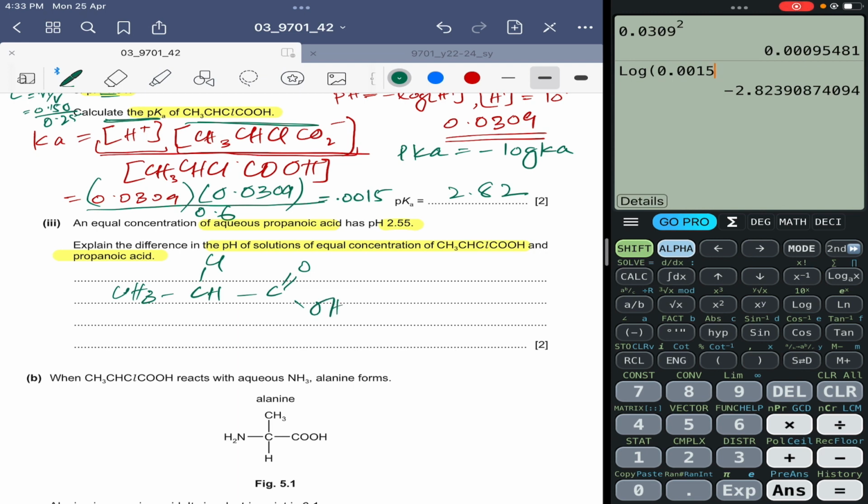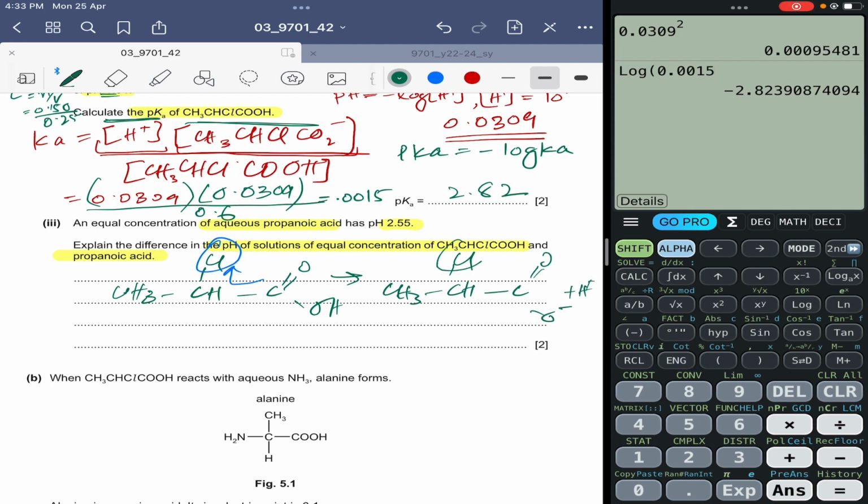And the reason is this chlorine group. As it is electron withdrawing, it attracts the electron density towards itself, due to which, once chloropropanoic acid loses a proton, we get CH3CHClC(=O)O- plus H+.